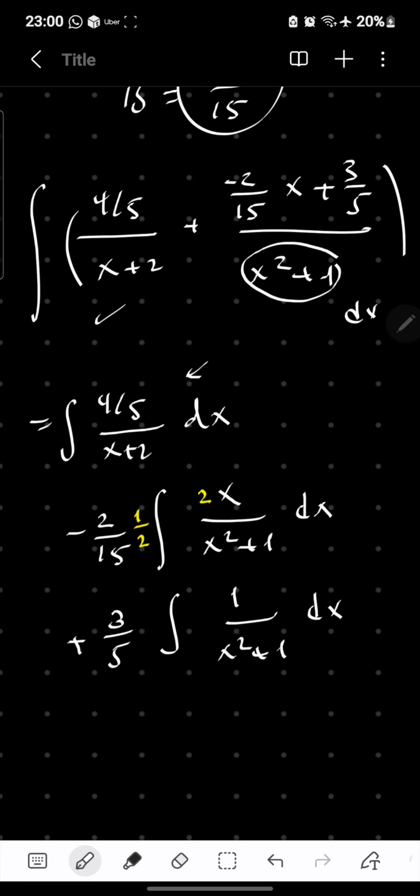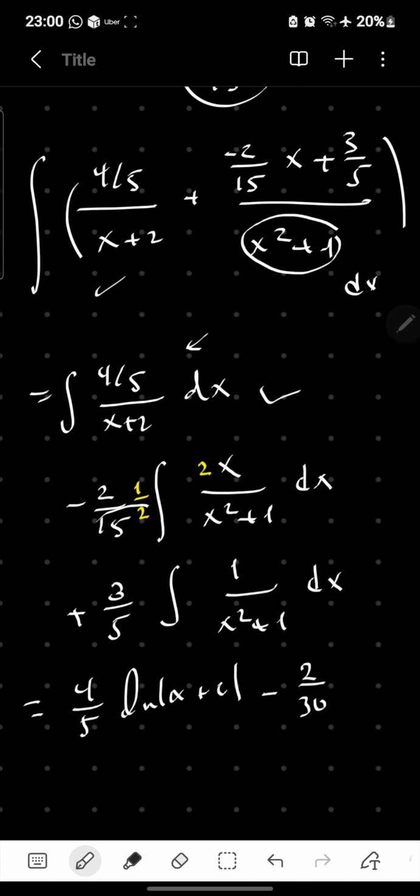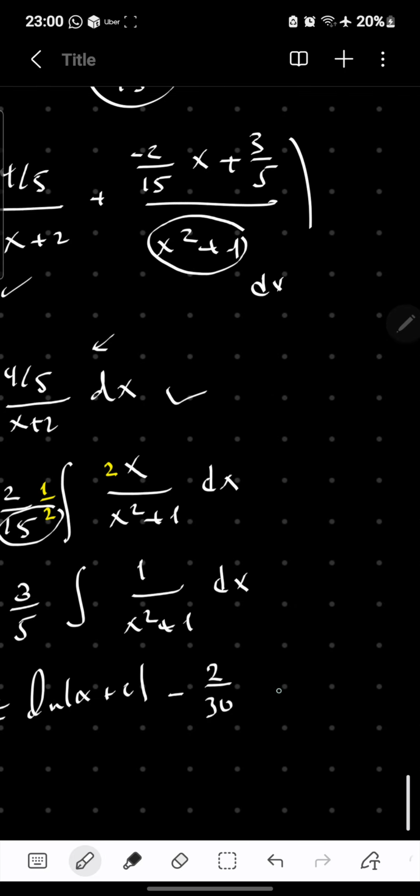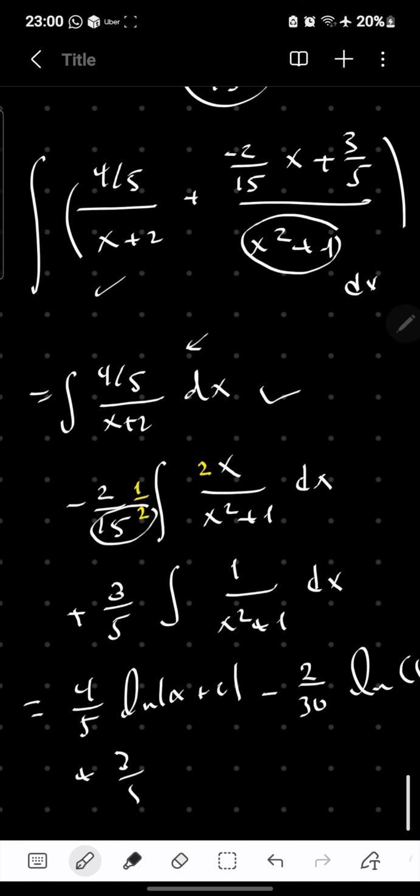It's a direct primitive of arctangent. So the solution will be 4 over 5 ln of x plus 2, the first one, minus 2 over 30, by multiplying 2 times 15, ln of 1 plus x squared, plus 3 over 5 arctangent x.